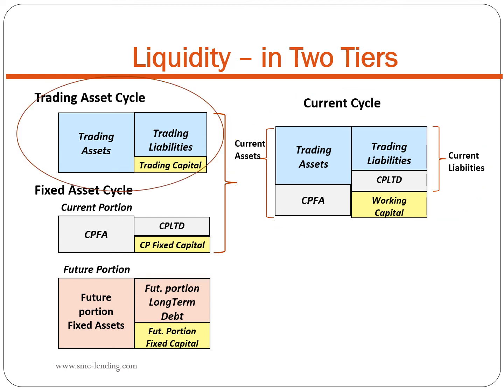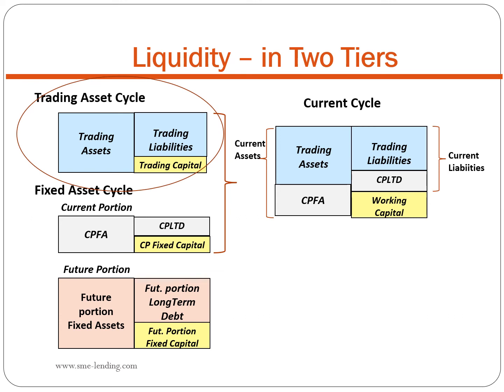As noted earlier, the trading cycle is consistent with a cash conversion cycle, matching only those trading liabilities that provide financing for trading assets and are repaid by turnover of trading assets. A positive trading capital indicates the trading cycle is liquid.